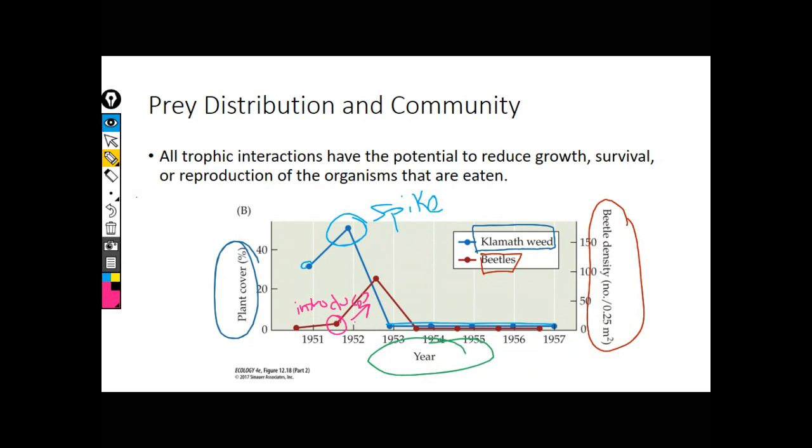Okay, and then I see my beetles increase. Why do you think that my beetle population is increasing? Because their food source is high, right? You're a happy little beetle, chomp the plant. Yum, yum. Okay, so we have happy little beetles chomping our Klamath weed, right?